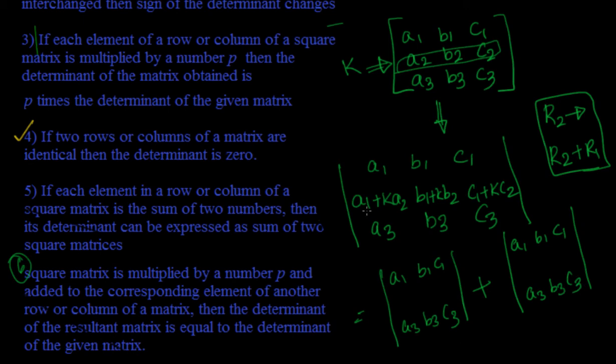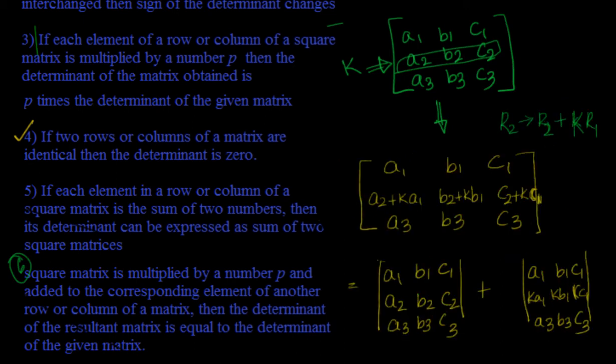Now this is the row which I want to divide. So first I will keep A1 B1 C1, and if I come to the next one, I'll have K A2, K B2, and K C2.